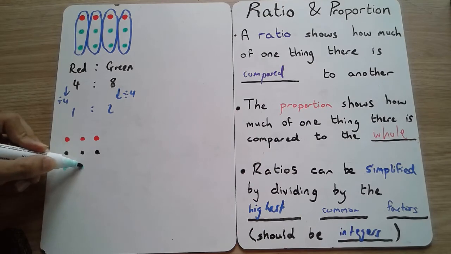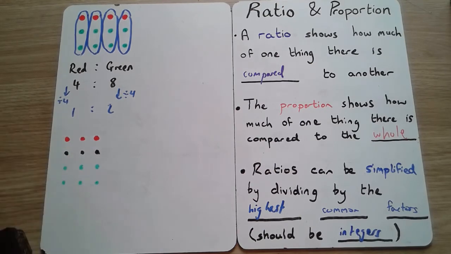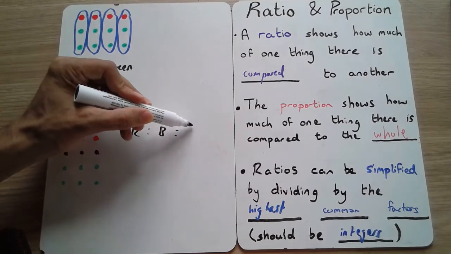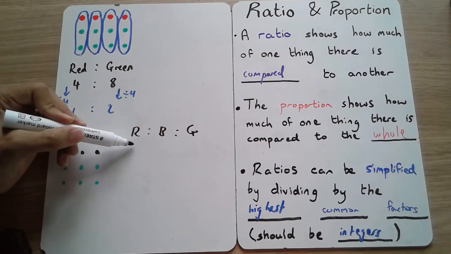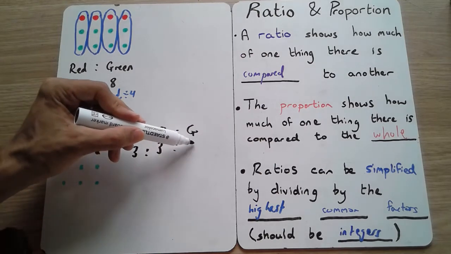Now, something I didn't touch on previously, this is just the very last thing I want to discuss, is that if we are looking at a ratio here of red to black to green, the ratio would be 3 reds, 3 blacks, and 6 greens.